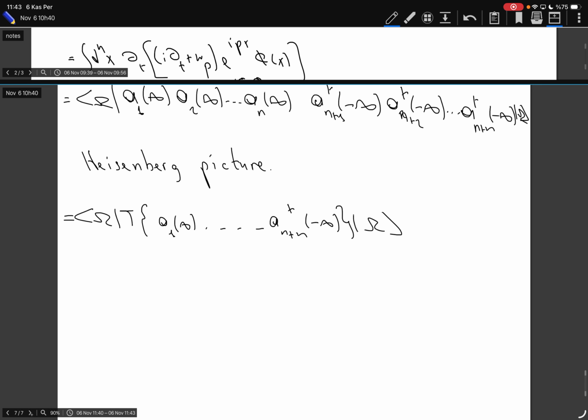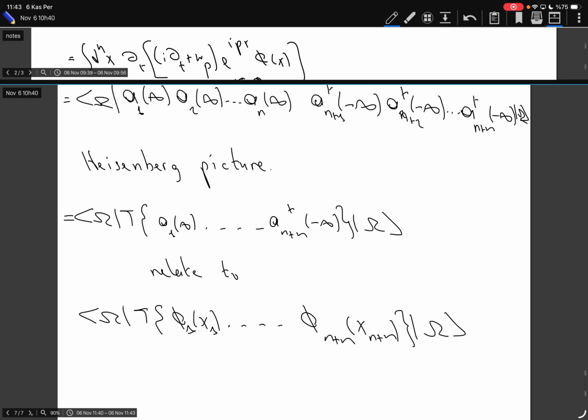This is also kind of nice, but I want to relate this matrix element to this one.